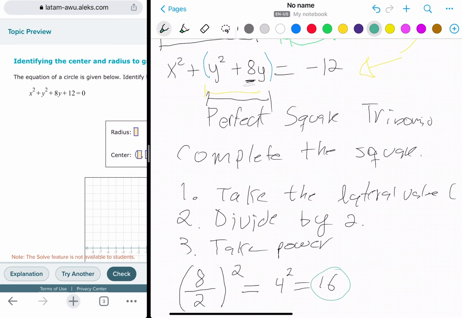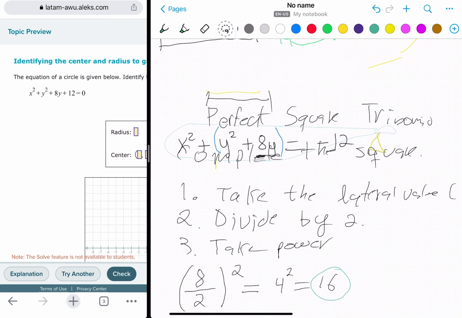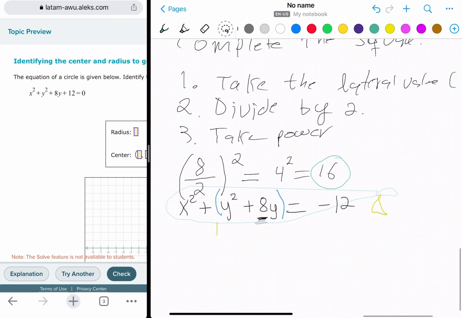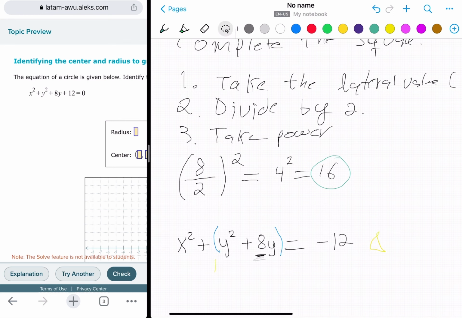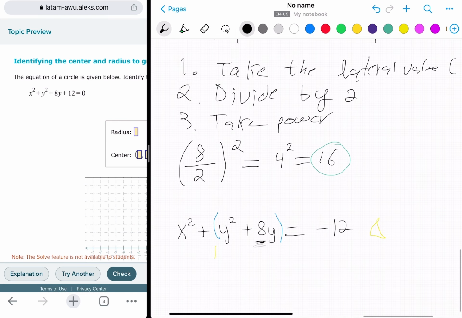So I want to add the number here. And I'm going to copy this so that you can see better. I'm going to move it down here. Okay, now I want to add this 16. I will add it on both sides of the equation.